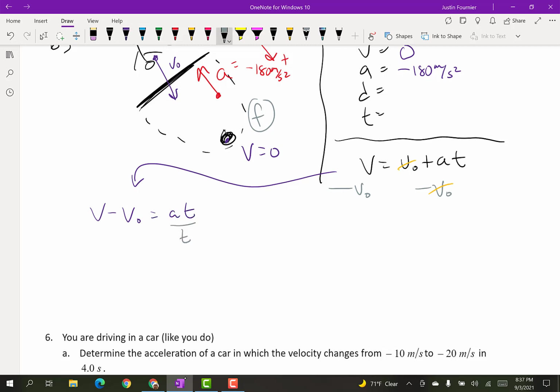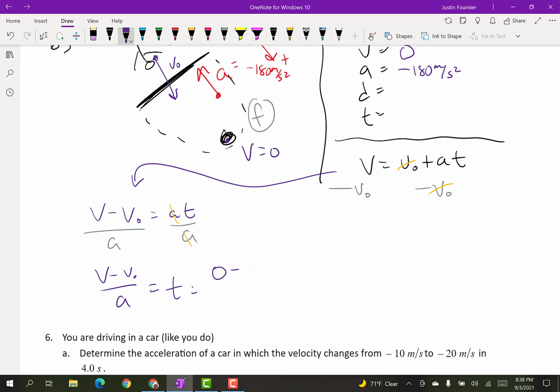Next up, I'm going to divide both sides by t. And I get v minus v naught over t is equal to my, oh, sorry, should have divided by a, because I'm solving for t. So that goes away. Now I get v minus v naught over a equals t.